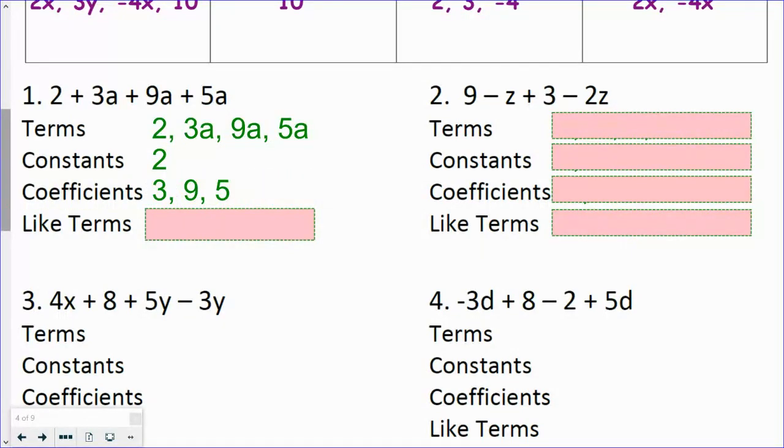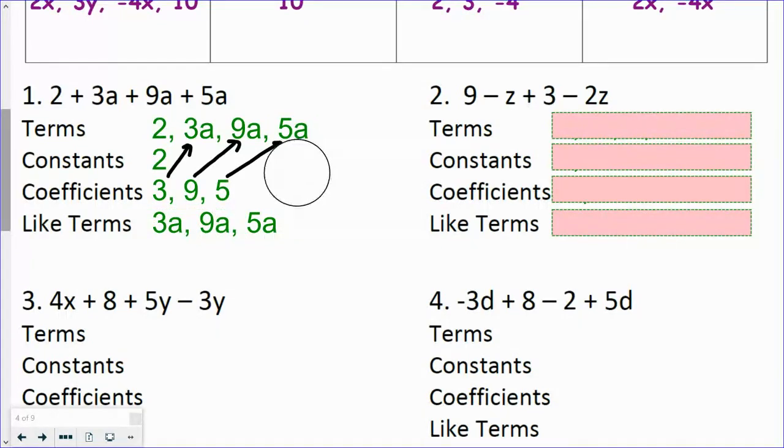Coefficients, that is these numbers that are being multiplied by a variable. That's how we know they're coefficients, and that's where those numbers come from. Not just because we like the numbers 3, 9, and 5. Like terms, all of those 3 terms with the same variable can be combined together.